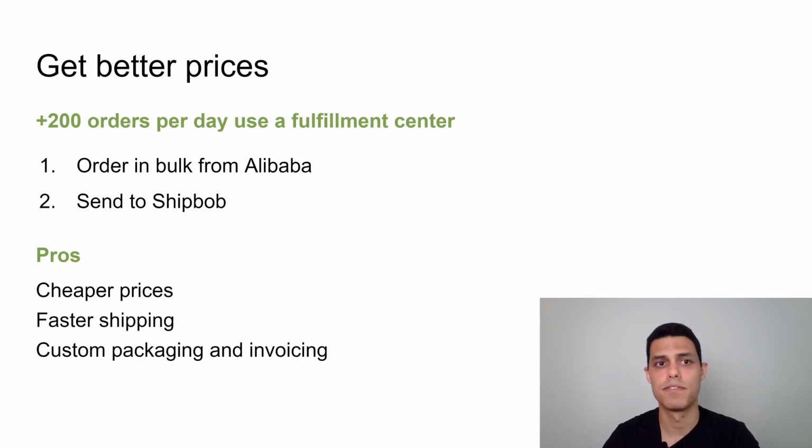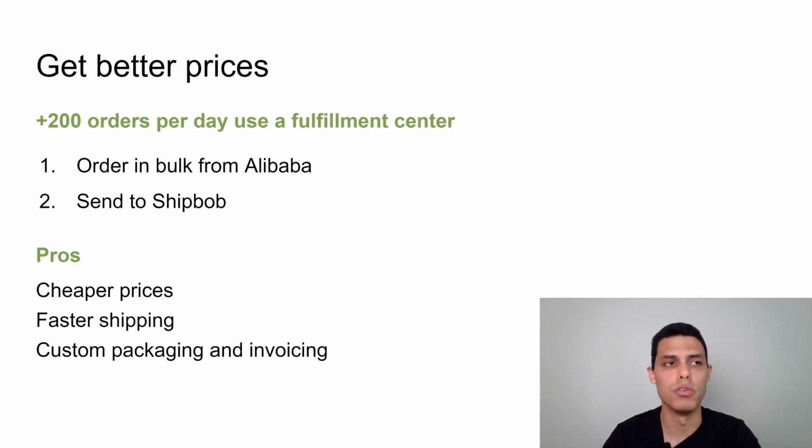And then we have, if you're doing more than 200 orders per day, this is super important. That's the time when you stop doing dropshipping and you start actually doing e-commerce as a whole. You order in bulk from Alibaba or your supplier, whatever you're using.